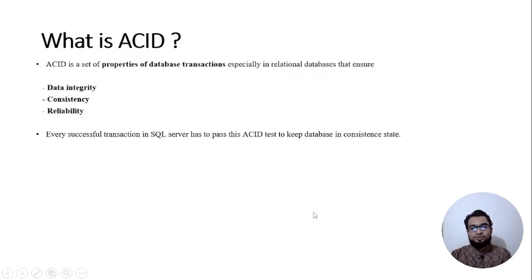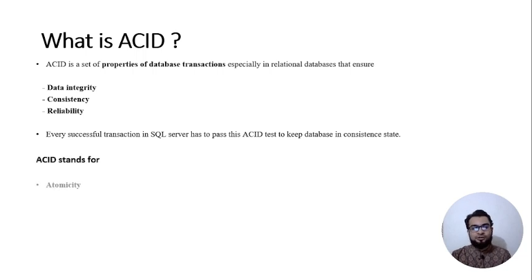Every successful transaction in SQL Server has to pass this ACID test to keep the database in a consistent state. Whether there is a transaction failure, a power-off, or any other problem, ACID makes sure that the database must be in a consistent state.